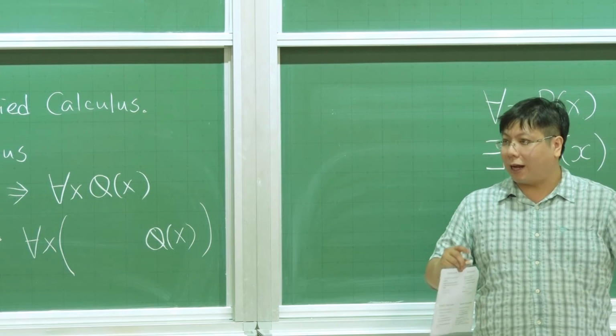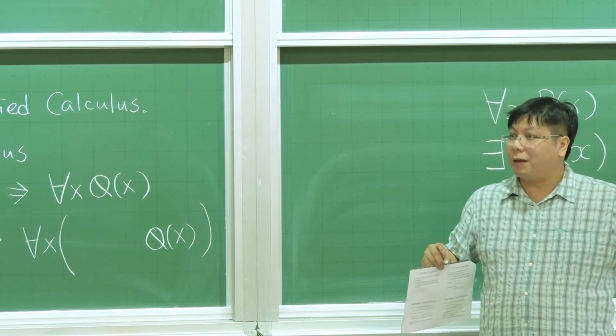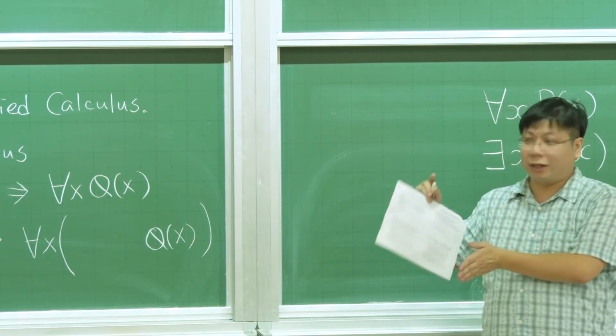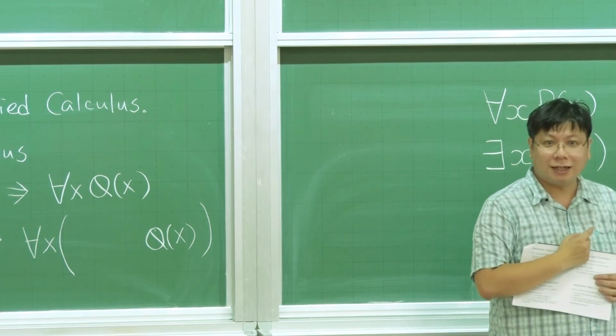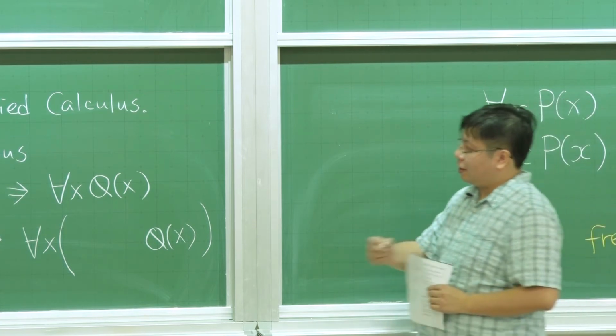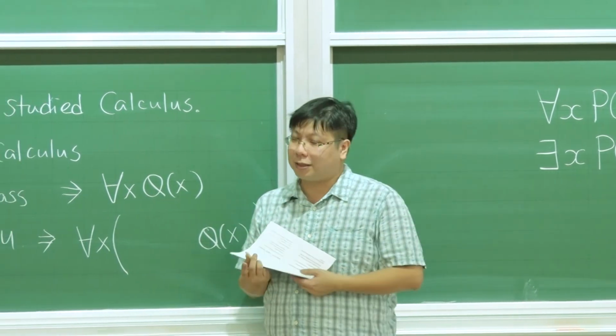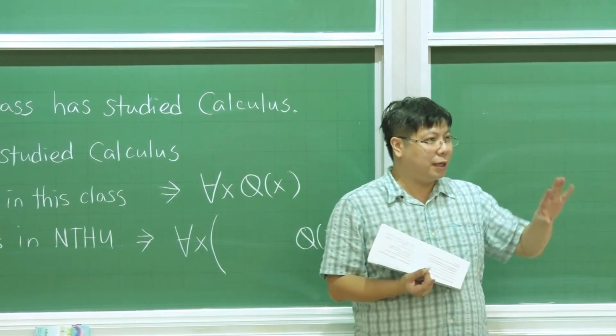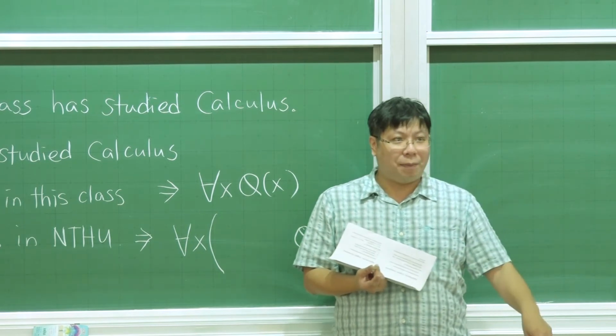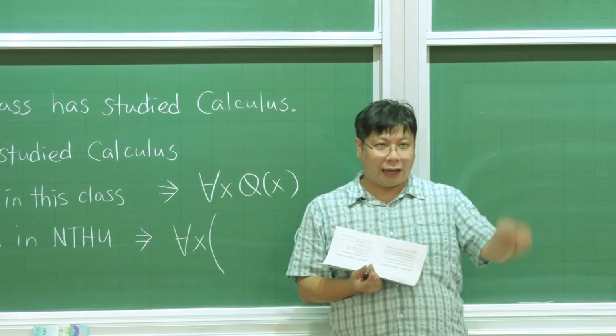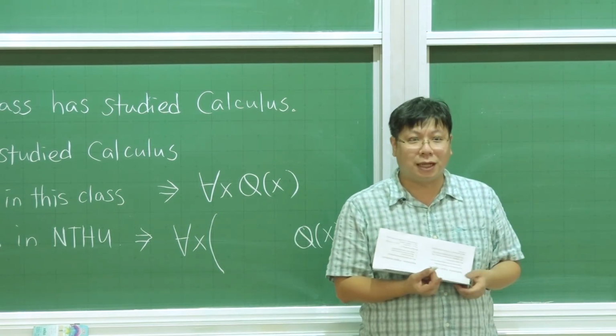If it is not in our class, then we don't care. But if it is in our class, we really want it to have Q(x). So if you translate it in English, it is like, for every person in our school, if that person is in our class, then he has studied calculus. This is what we need.